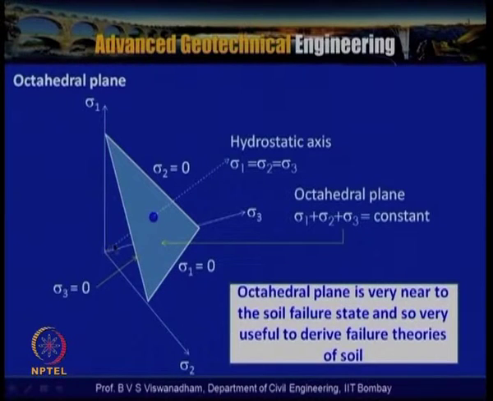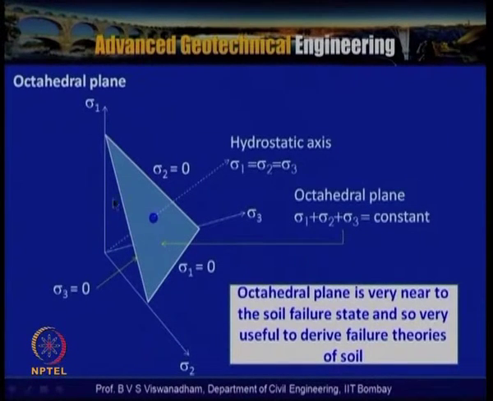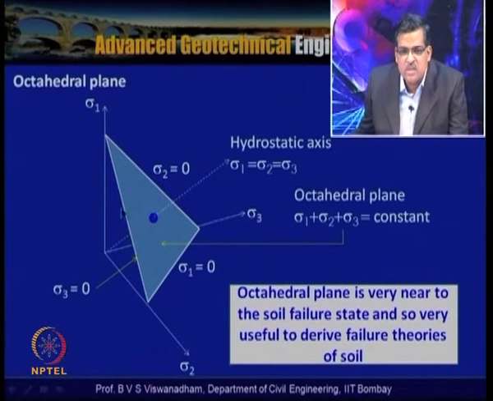The hydrostatic axis actually passes from the median of this, that is, the hydrostatic axis is where sigma 1 is equal to sigma 2 is equal to sigma 3. Sigma 3 dash passes through this vertex, sigma 1 dash passes through this vertex, and sigma 2 dash passes through this vertex. But along this sigma 3 dash is equal to 0, along this sigma 1 dash is equal to 0, along this sigma 2 dash is equal to 0.